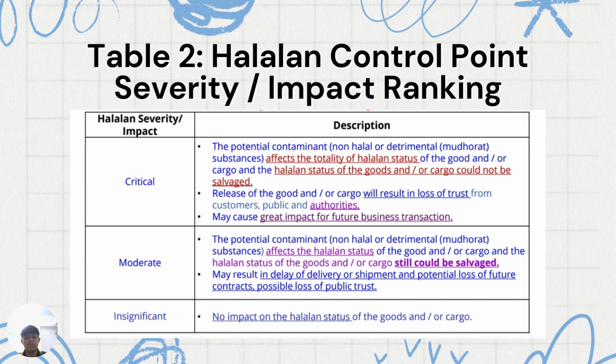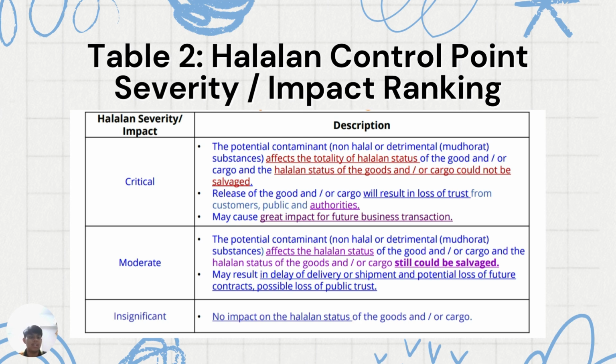The authorities are very important because we must have their trust to get certification from them and to get listed in the white list so that our work can be easier. Lastly, it may cause great impact for future business transactions.